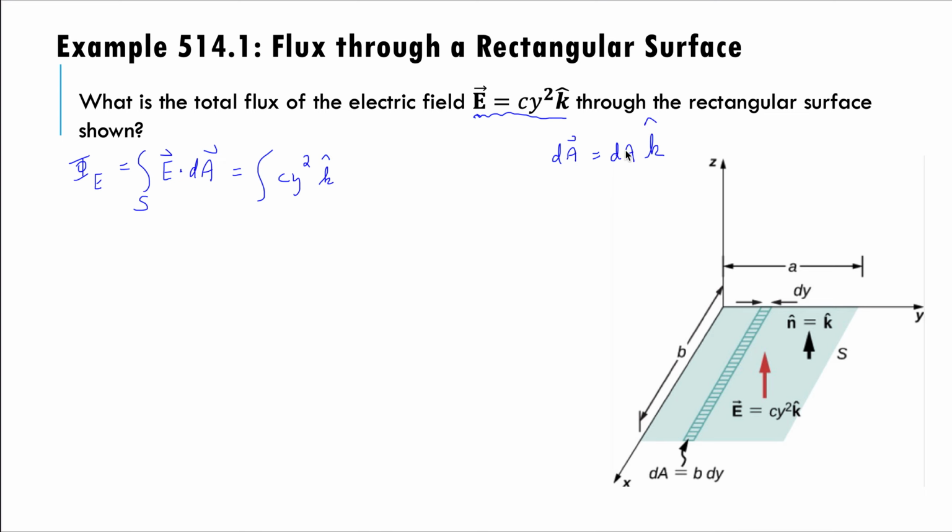So we need to figure out what this dA is. In general, we break up our surface into a bunch of very small patches. We can do that this time, and I'll show you how. But in this picture, we can see that the dA has been given to us as a strip. Why is that?